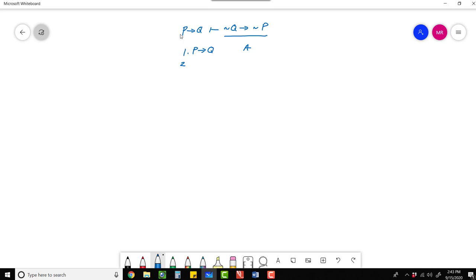This is very important. Basically, you want to always do anything you can achieve by conditional introduction first. So you're trying to derive a conditional here.